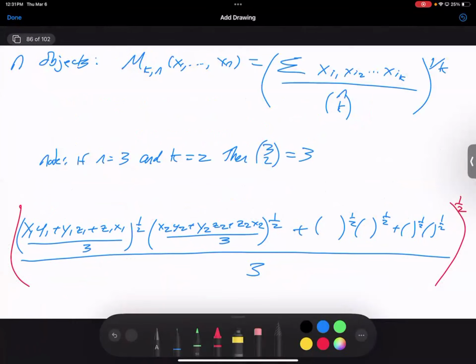Kind of terrifies me. Because in the first one, I've got products of k terms, and then I take square roots. Here, I'm going to have maybe products of 4 things with a 4th root. I'm sorry, four things with the square root, then take another square root.